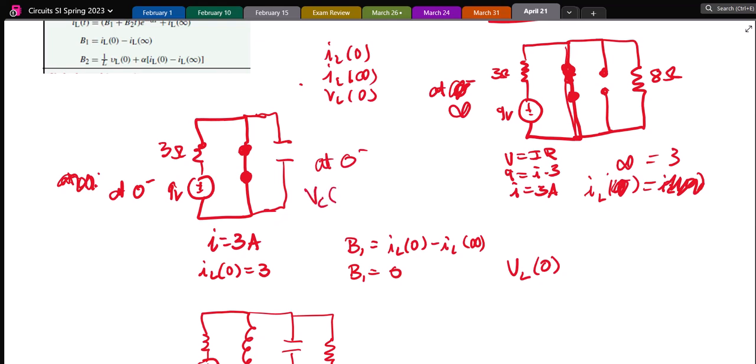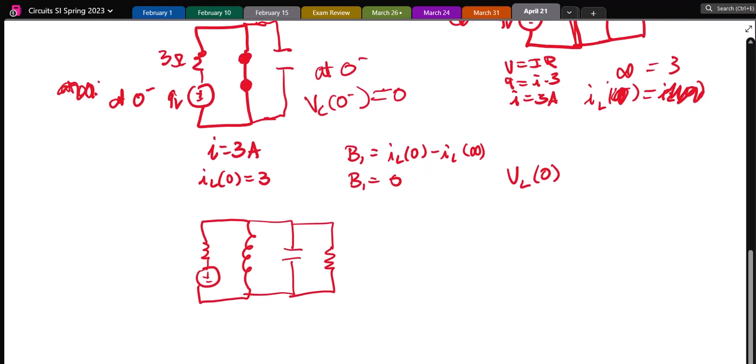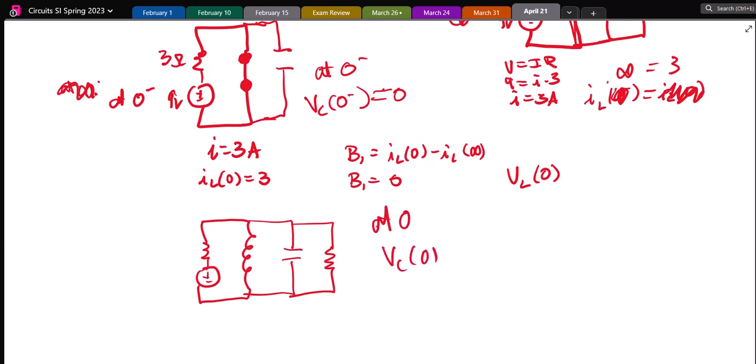What is vC of 0 minus? It's in parallel with a short circuit. So it's 0. At 0 plus it's still 0. And since it's 0, and this inductor is in parallel with it, vL of 0 also has to be 0 because it's in parallel with the capacitor, whose voltage is already 0.